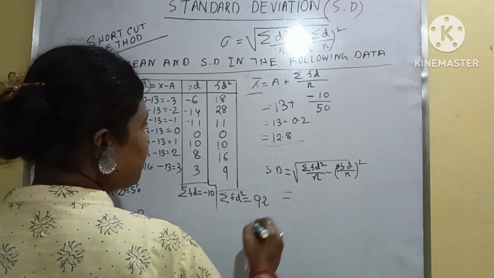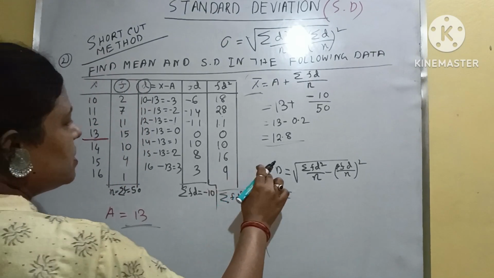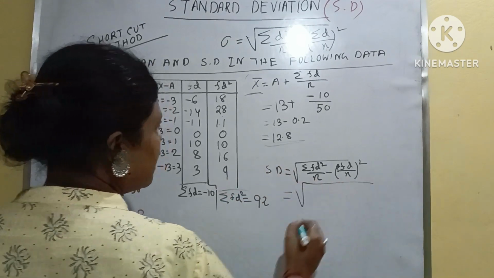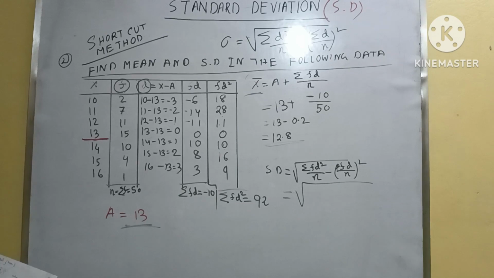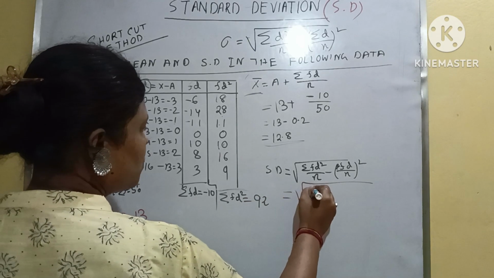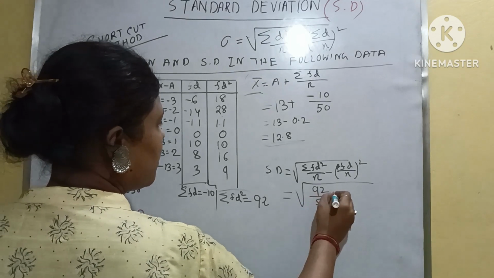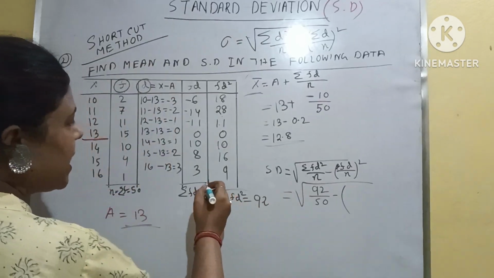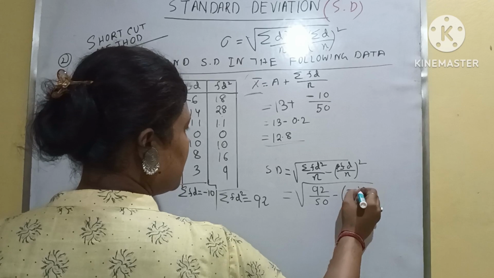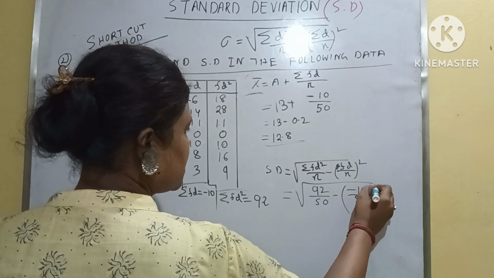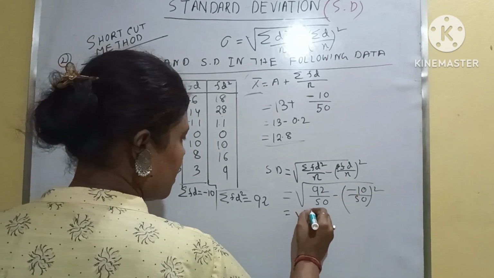Okay, next, by putting the values, we have to calculate SD. So summation of FD square is what? That is 92. N is 50, minus summation of FD, which is minus 10, divided by 50, squared.